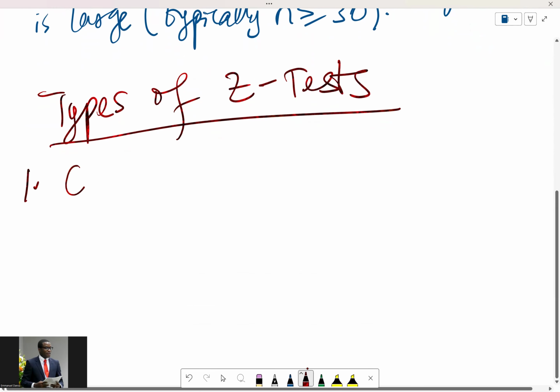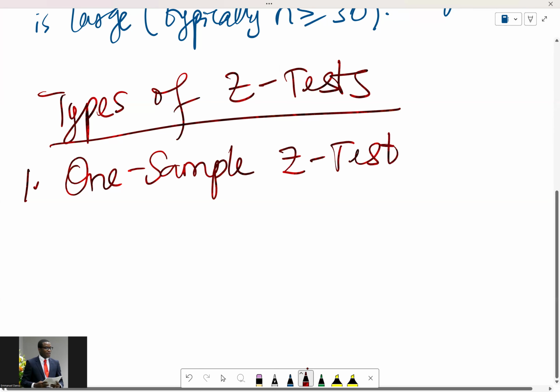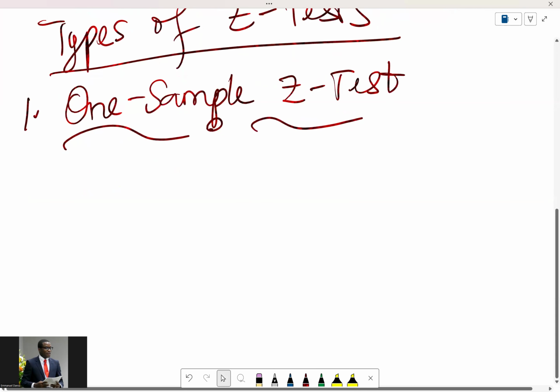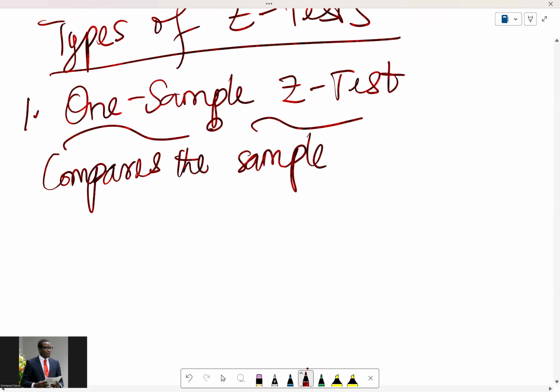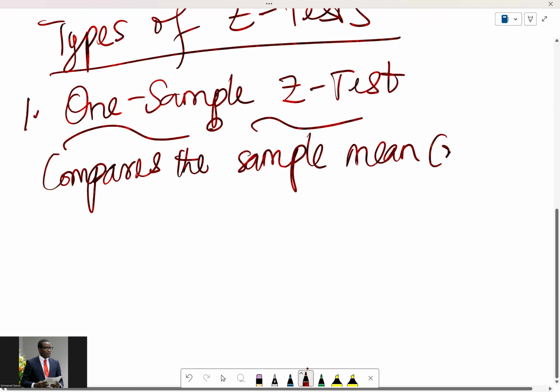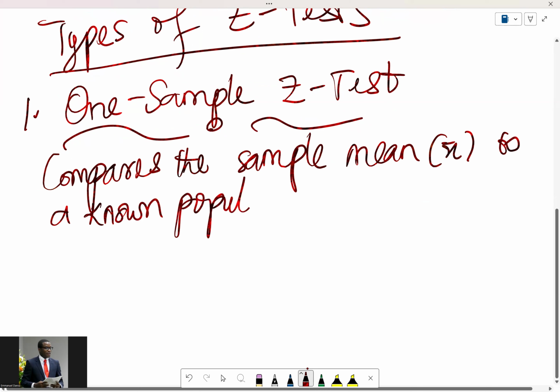So the first one is the one sample Z test. That's exactly the type that was done in the previous video. That's the one sample Z test, which basically compares the sample mean X bar to a known population mean, which is mu.